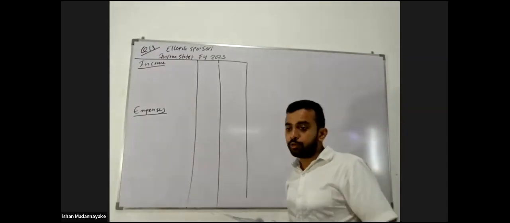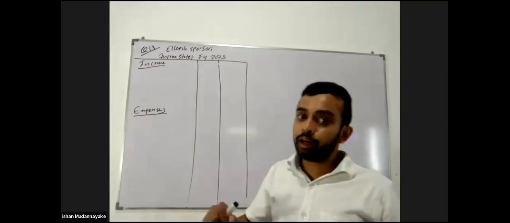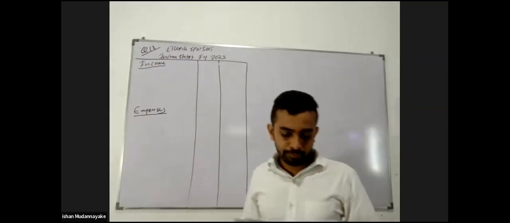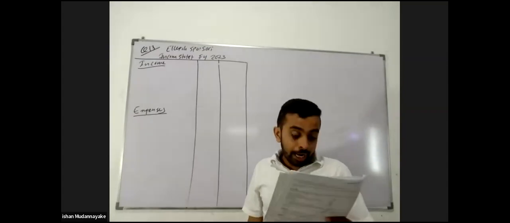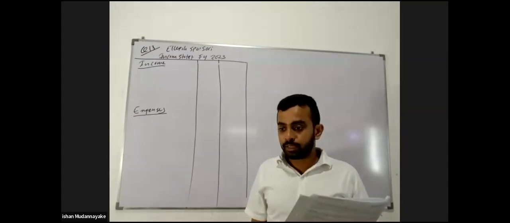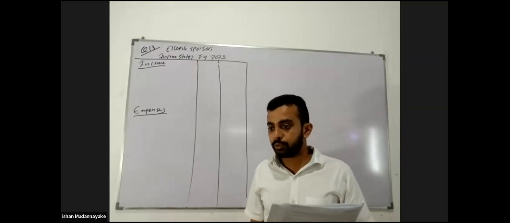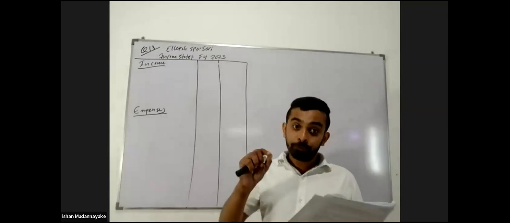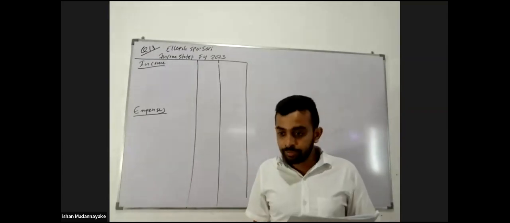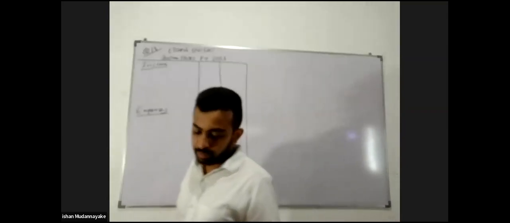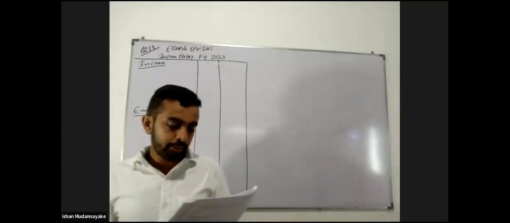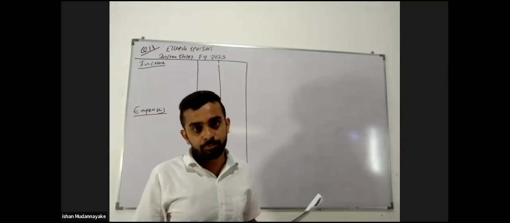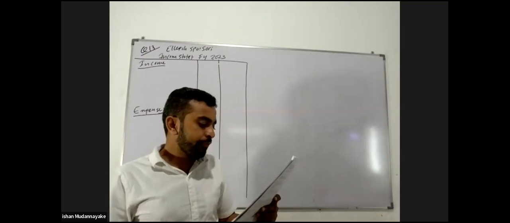Students, here you can see the receipt and payment account of the business, and additional information also. At first, we will complete the additional information. After completing it, we will look at the cash book. Additional information number 1.